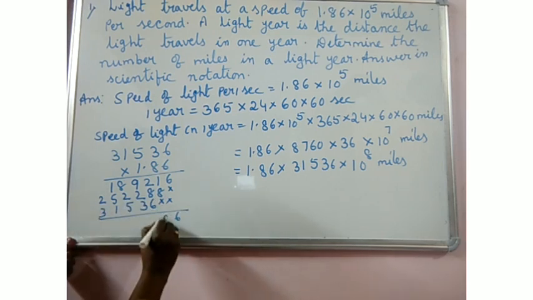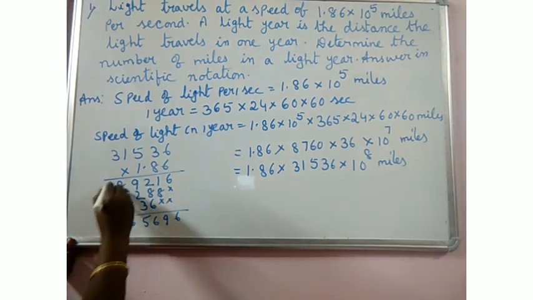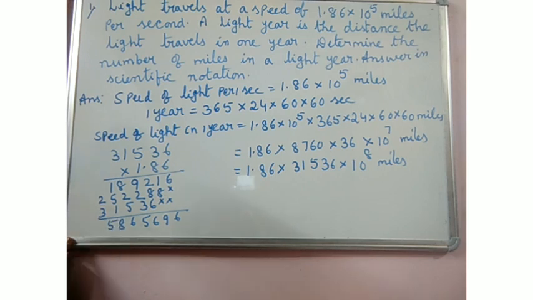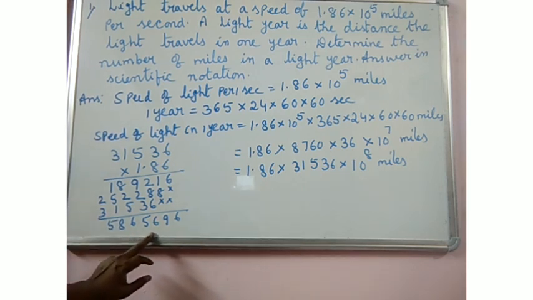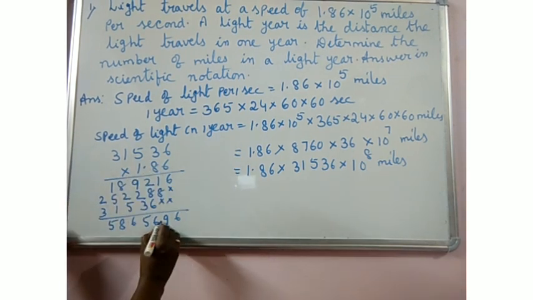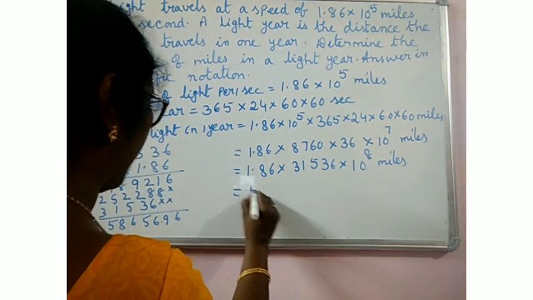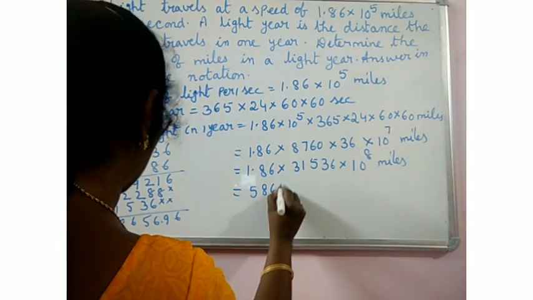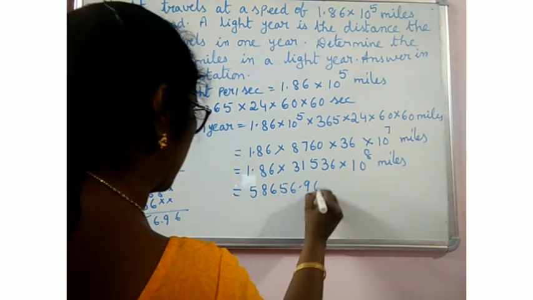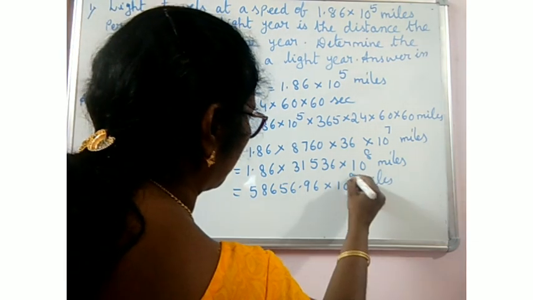If we add up, we get 5865696, and after 2 decimal places, 58656.96 into 10 to the power 8 miles.